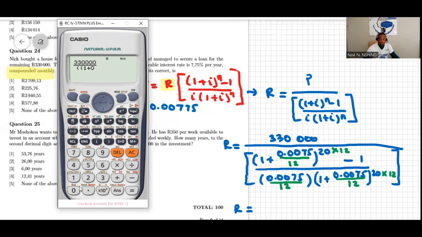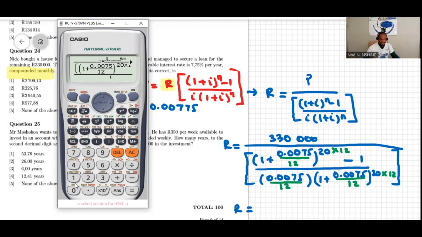I open two brackets because I need to close the bracket for the numerator. It's important to write it like that.